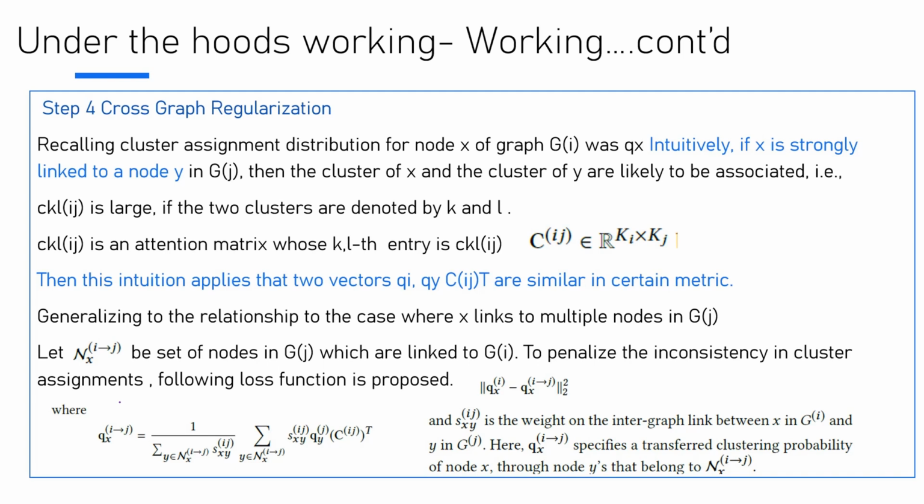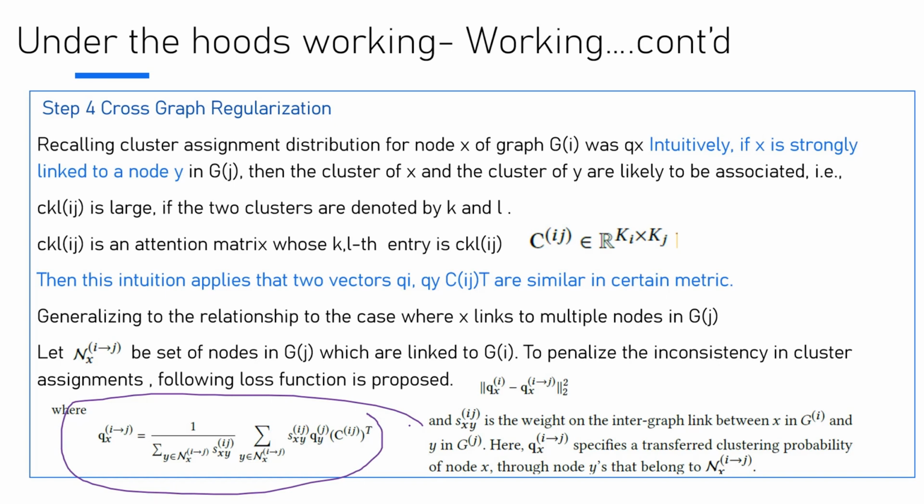Now, generalizing to the case where x is linked to multiple nodes, let N_x^(i to j) be the set of nodes y in G_j which are linked to G_i. To penalize this inconsistency in the assignments, the following loss function is proposed. So basically, it's q_x^i and q_x^(i to j) squared, such that q_x^(i to j) is given by this equation.